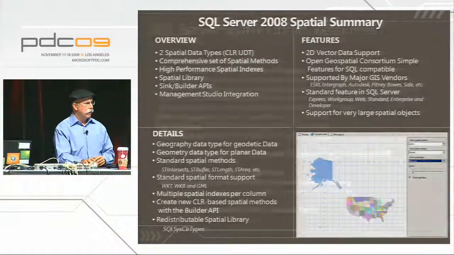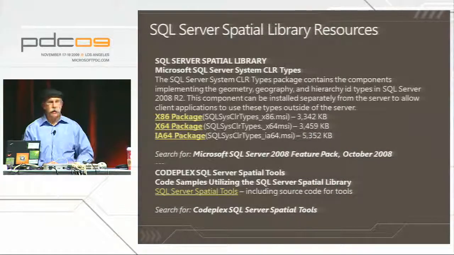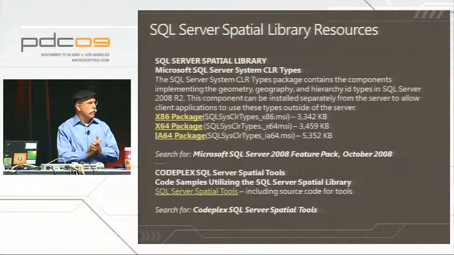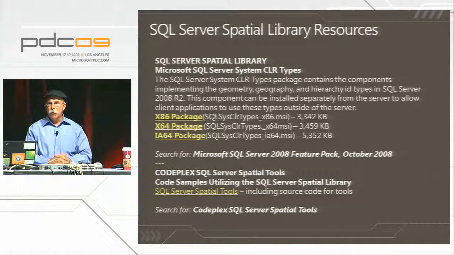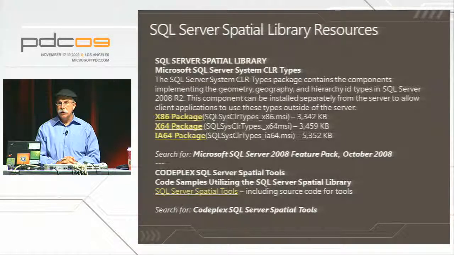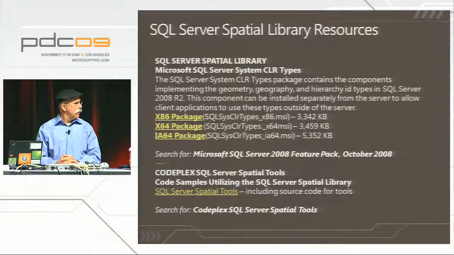So we'll move on to the next slide here, and we can take a look at a little bit of the resources. If you go into the feature packs for SQL Server 2008 and for the new R2 release, you can discover way down on the list 3 packages here. And it includes the hierarchyID type because that also is another CLR type.